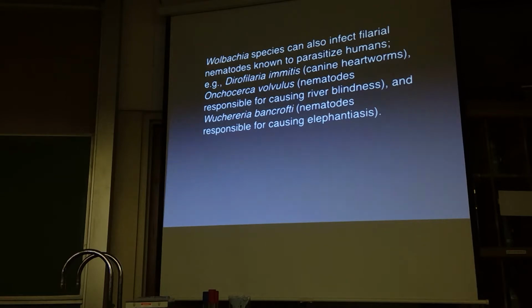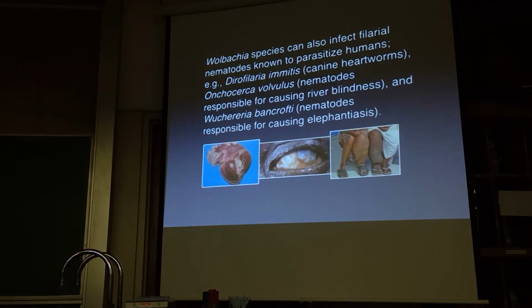And then another one, Wuchereria bancrofti, causes a disease called elephantiasis. So here we see some images. On the left-hand side, a heart with heartworms, an eye that's damaged by river blindness, and then elephantiasis. These nematodes get into the lymphatic system and cause the fluid to build up in the extremities, and you get these great big swollen limbs, swollen legs, and so forth.